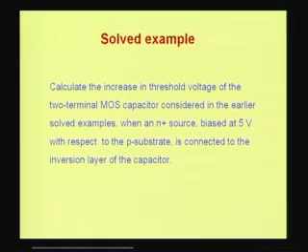Calculate the increase in threshold voltage of the 2-terminal MOS capacitor considered in the earlier solved examples when an N plus source biased at 5 volt with respect to the P substrate is connected to the inversion layer of the capacitor. So this is the diagram.